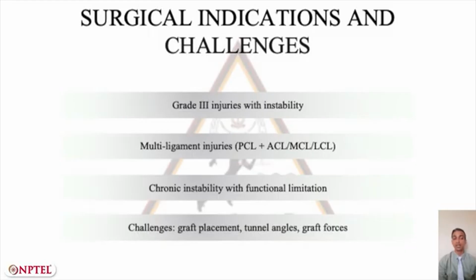However, surgical challenges in PCL are graft angle, fixation, and high forces acting on the graft. This may affect the long-term outcomes of the surgery. The grafts used in PCL are similar to that of ACL reconstruction, like the BTB graft and hamstring graft.